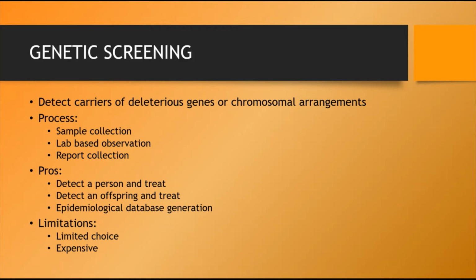They try to identify whether the individual or the couple who are going to have a child are at the risk of having that genetic disorder or not. And more or less it also creates an epidemiological database, a sort of knowledge base for understanding more of genetic disorders for future aspects.